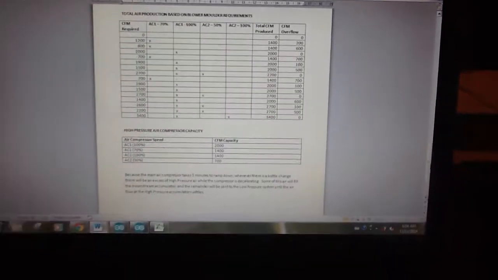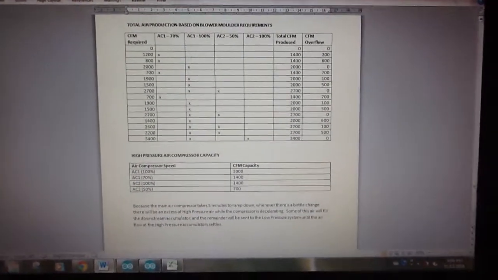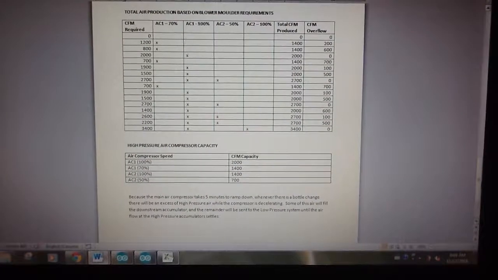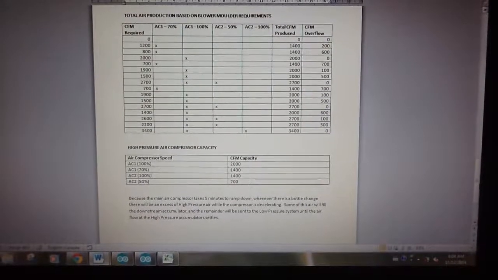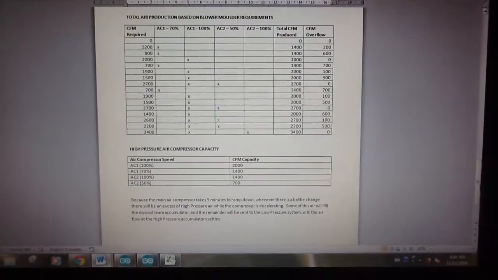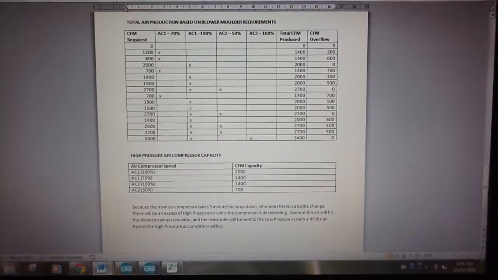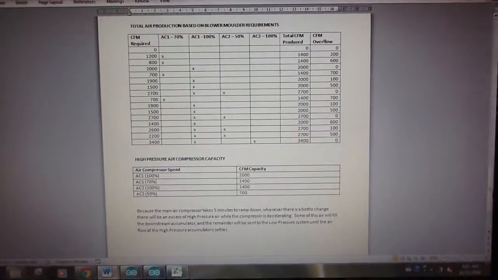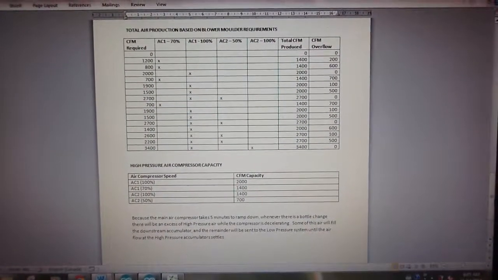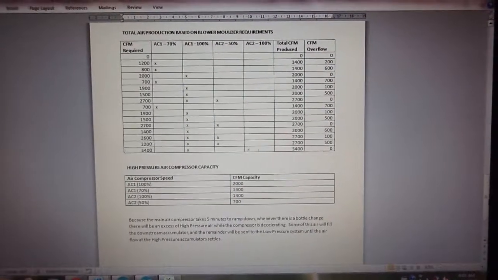we can see this is the amount of CFM that is created, not that is needed, but is created from the blower molder requirement. So this is taken directly from the amount of CFM that can be produced by the air compressors.